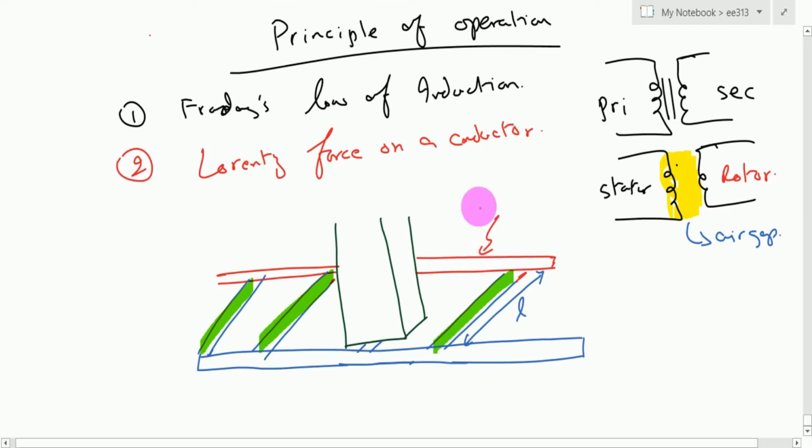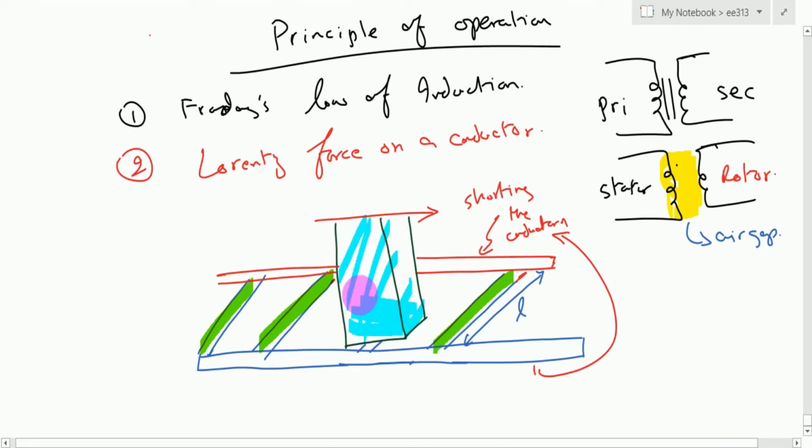So this one is shorting one side of the conductors, and here the other side of the conductor is also shorted with this blue line. Now let us say that this vertical column is a permanent magnet which is placed just above this conductor ladder.